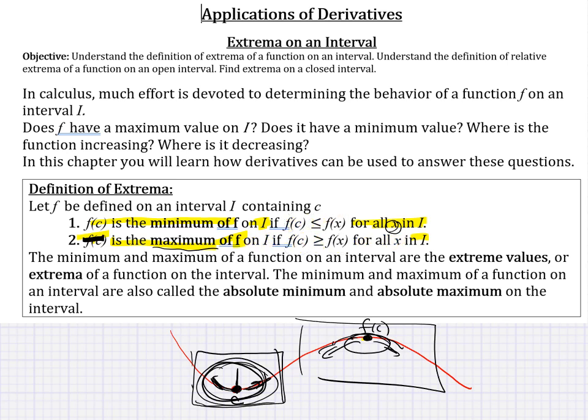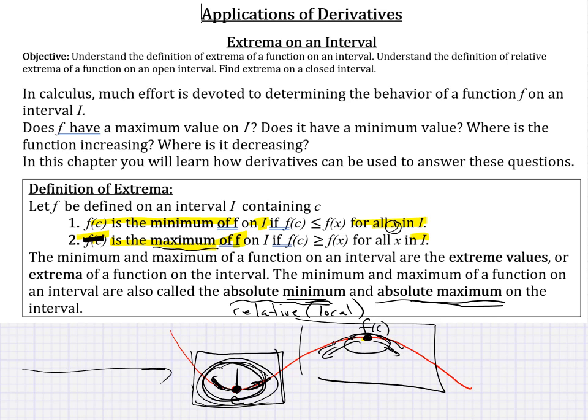Now we can talk about absolute minimums and maximums, or we can talk about what we call relative or also local minimums and maximums. And that's really determining whether or not we're talking about an area or an interval on the graph or the entire graph itself.